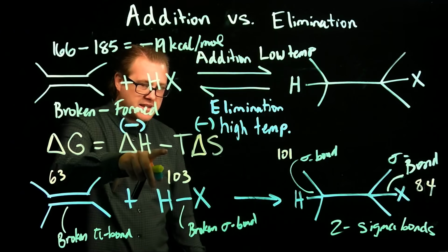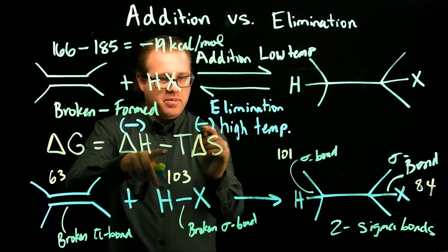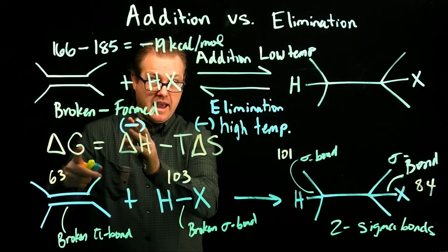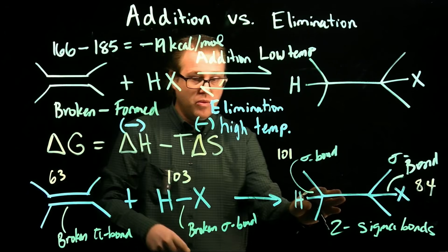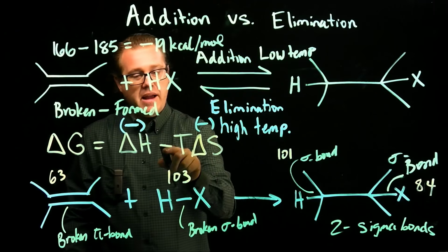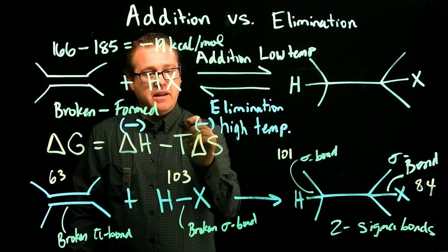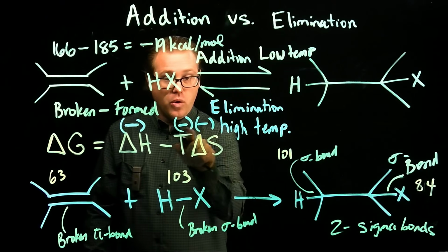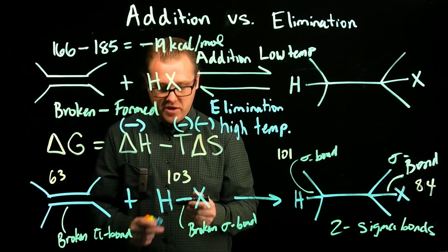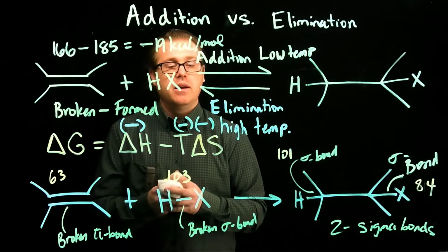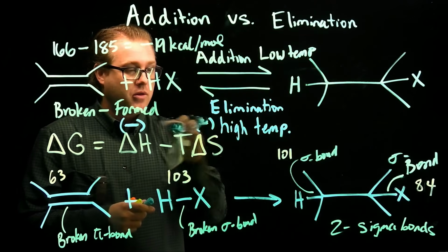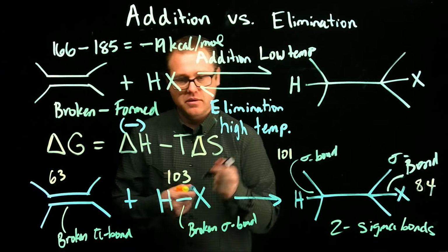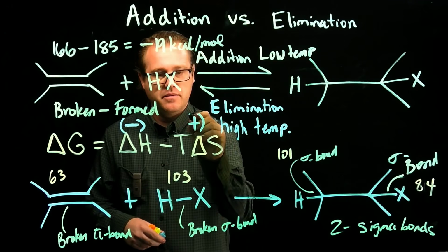But we have this minus sign right here. So the entropy is always going to be negative with an addition reaction because you're going from 2 to 1, but we have this negative, so a negative times a negative means that this whole term is always going to be positive in reference to addition reactions.